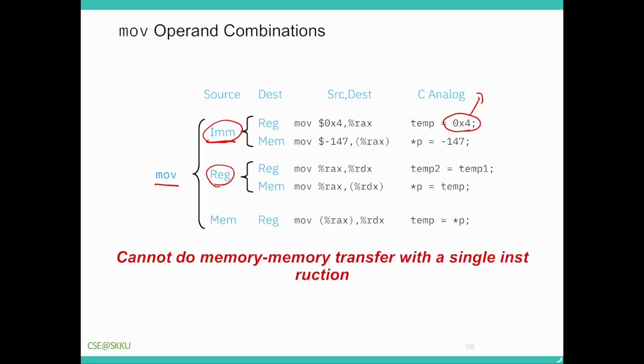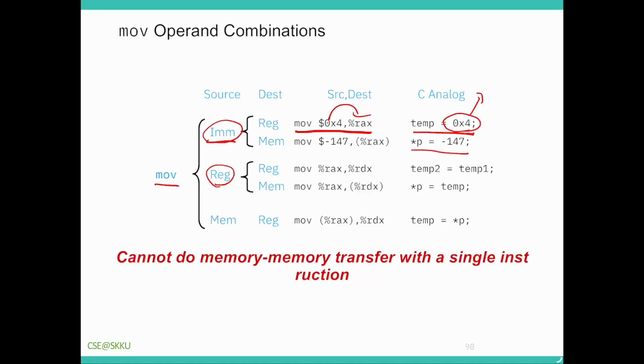You can go from immediate to register, which would achieve loading RAX with 4. In C, it'll look something like this. You can also do immediate to memory, which is equivalent to this, loading a certain memory location with a constant.